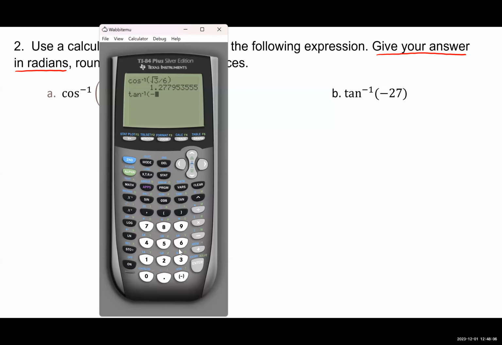If you do the minus key, you're going to get an error. We have to do second tangent, negative sign down here, -27. And so when we round this to 2 decimal places, we get about -1.53.